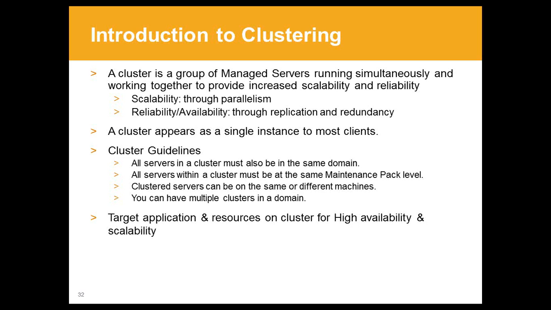Suppose we have 2 to 3 managed servers, we can have one cluster for those managed servers, and then we deploy on the single cluster. When we deploy in the cluster, it is automatically deployed onto all the managed servers.